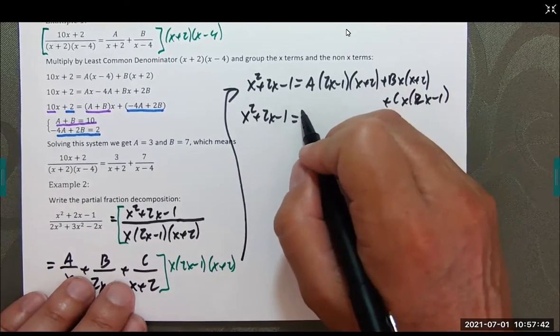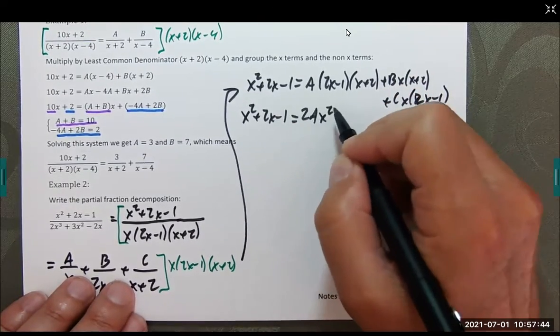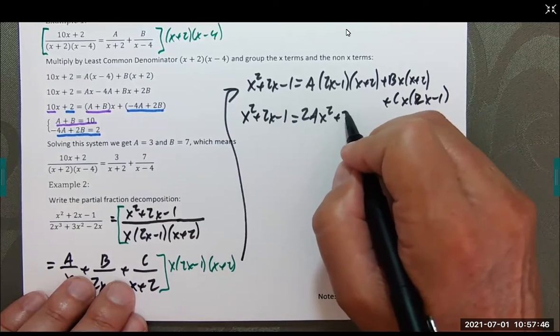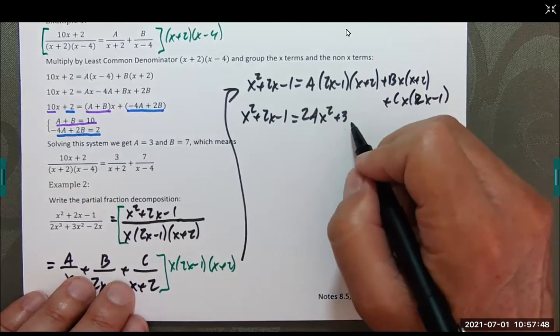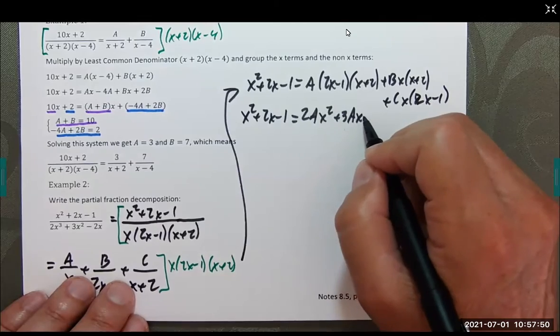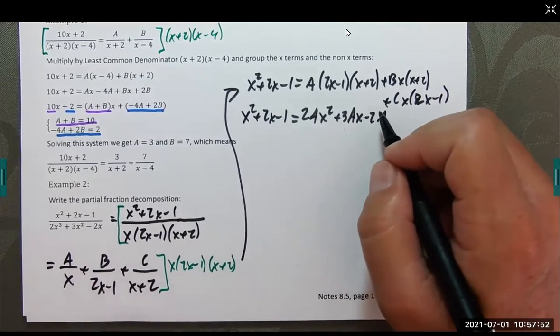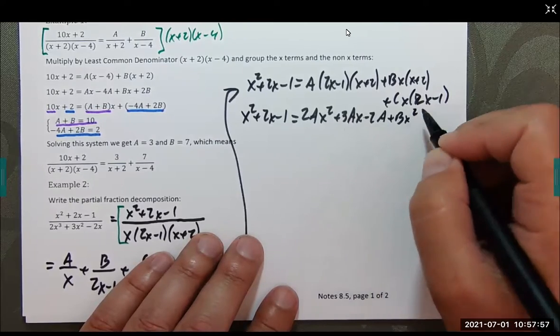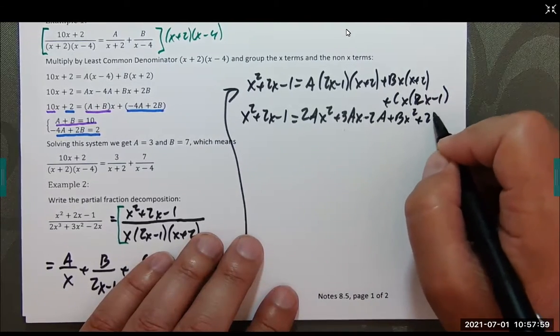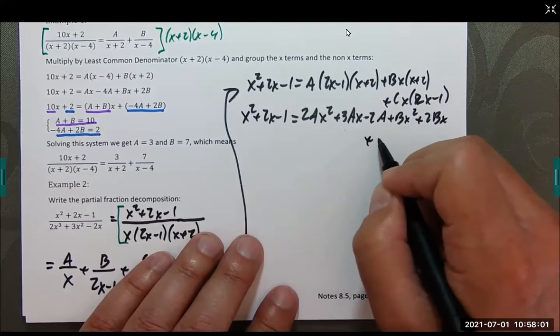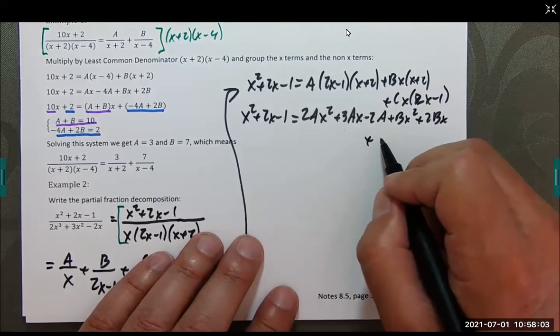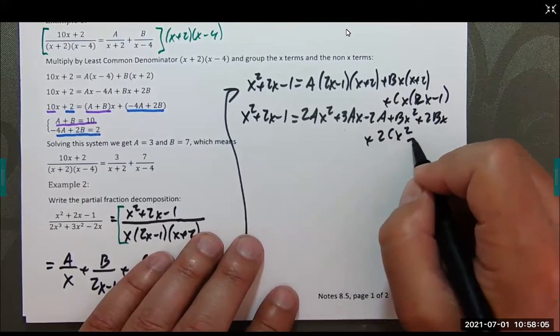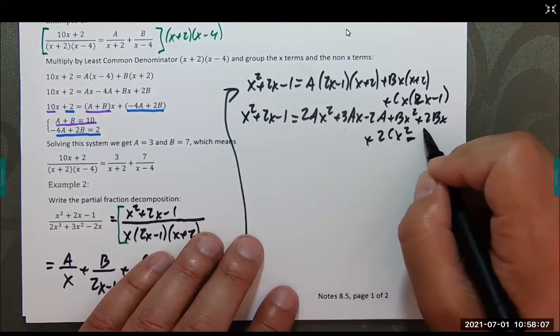We get 2ax squared plus 3ax minus 2a plus bx squared plus 2bx plus 2cx squared minus cx.